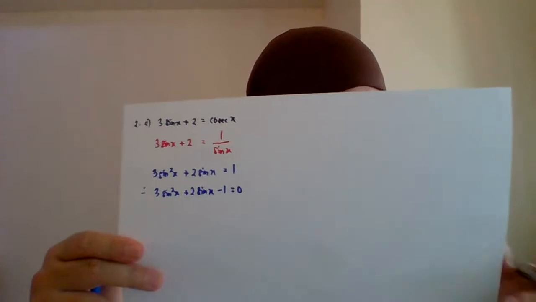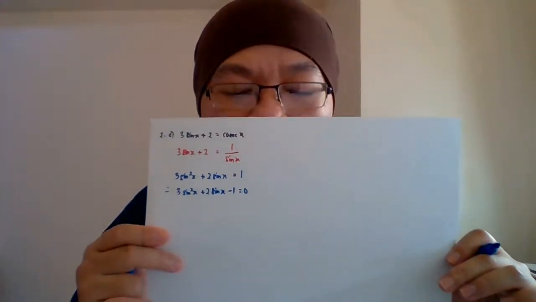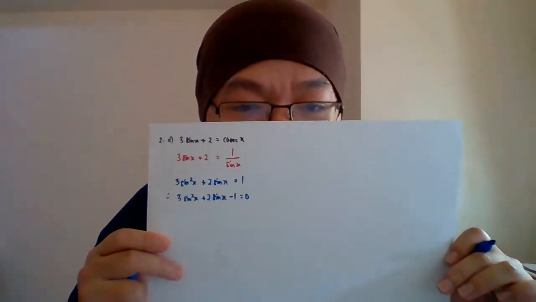That is your general form. Okay, this is what we call the general form of a trigonometric equation.